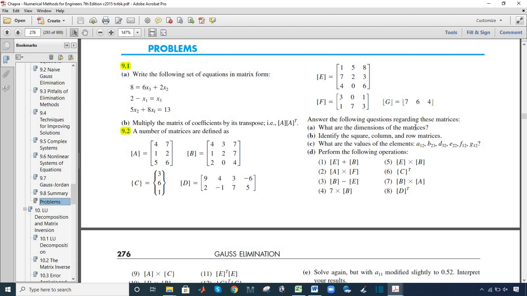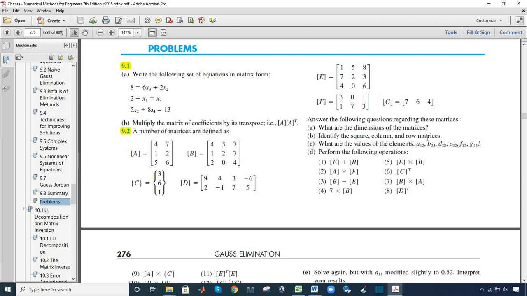For example, the dimensions of this matrix F is 2 multiplied by 3, and the dimensions of this matrix 2 by 4. Identify the square, column, and row matrices.